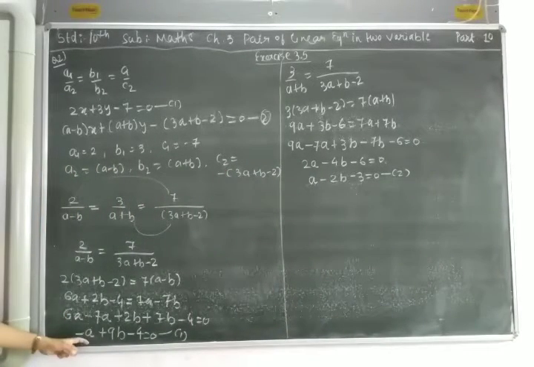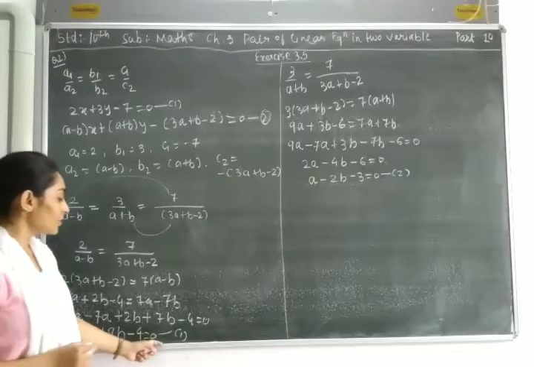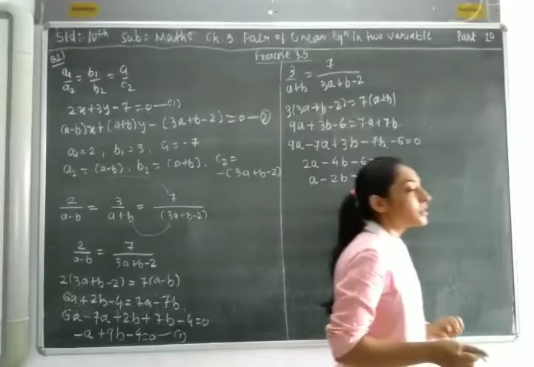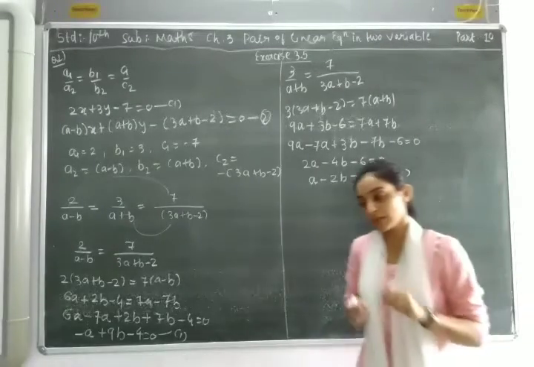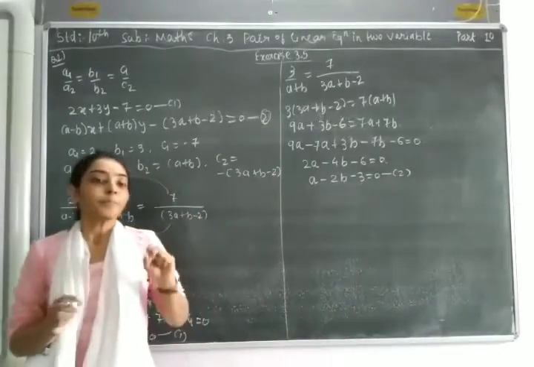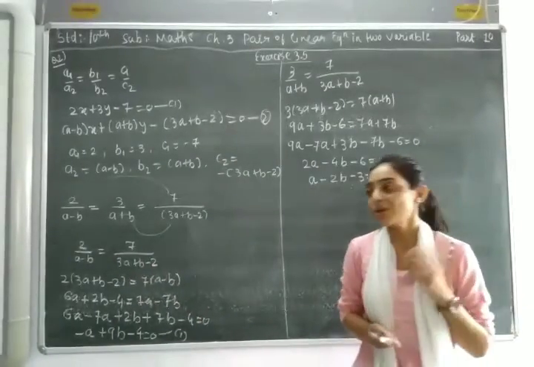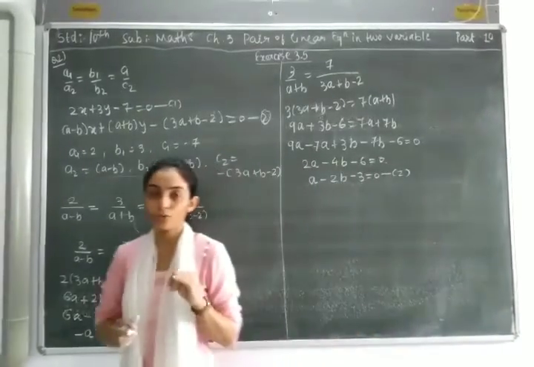Now, minus a plus 9b minus 4 equals 0 is equation number 1, and a minus 2b minus 3 equals 0 is equation number 2. The question did not mention that you have to use the cross multiplication method. But if the question does not mention anything, you can use any method you want.